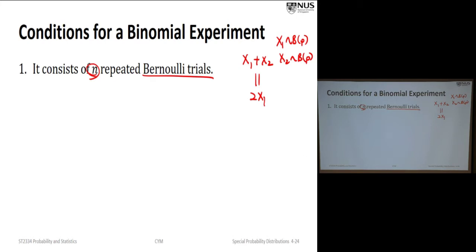Let me repeat my question, maybe you don't understand it. I have two random variables. X1 follows a Bernoulli distribution with parameter p. X2 has the same distribution, Bernoulli with parameter p. They follow the same distribution. Now I want the sum x1 plus x2. My question is, does it equal 2 times x1?